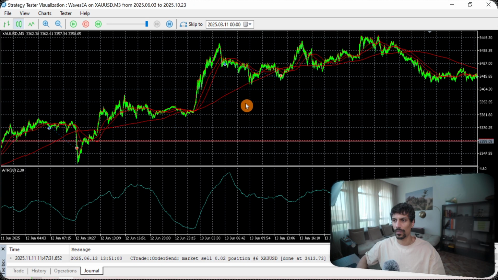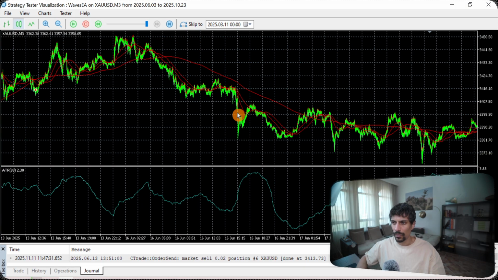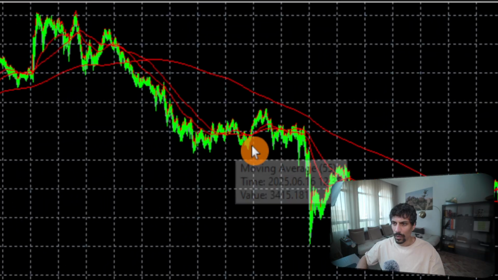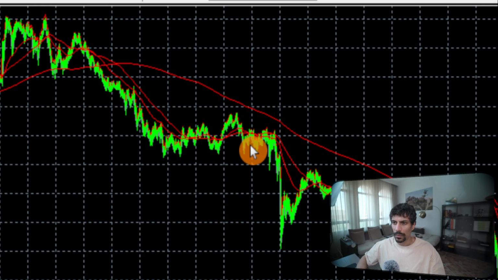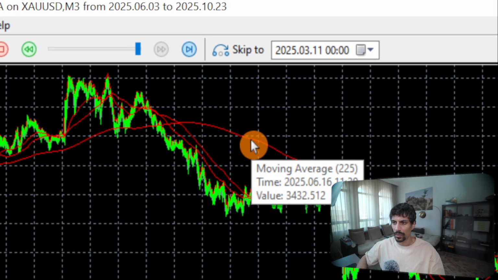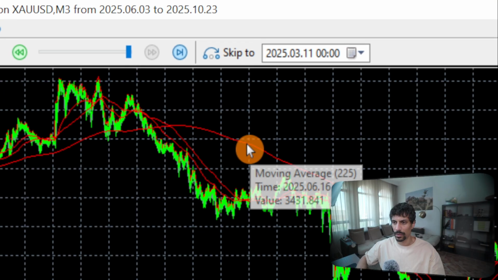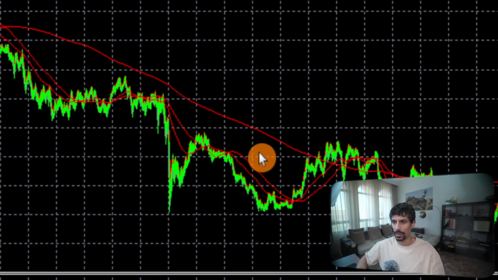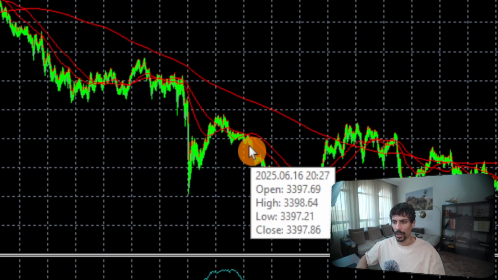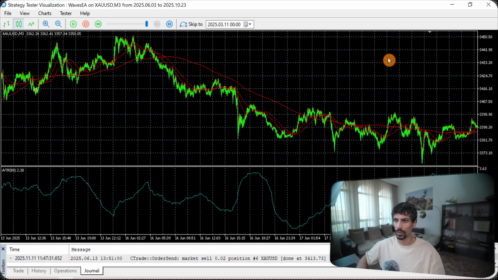So this would have been an entry, but the slope probably wasn't right. Actually, I think we just need way more crossovers. We'll keep the slope the same.